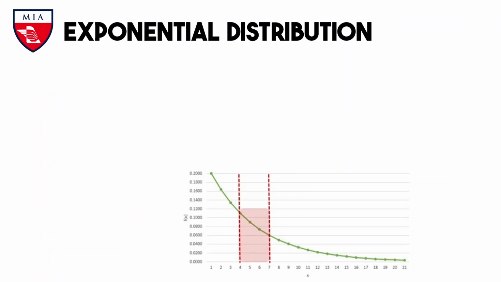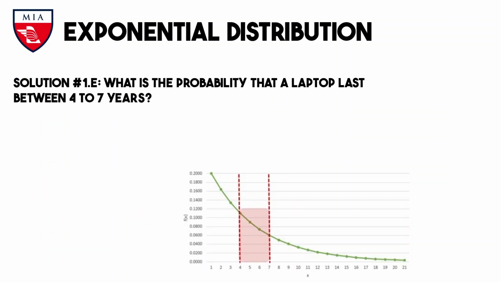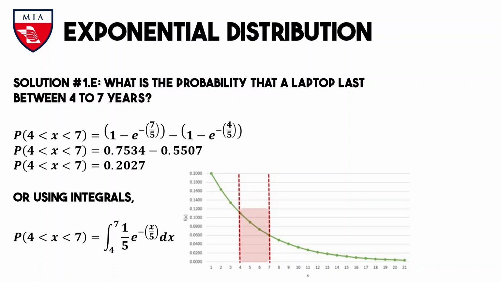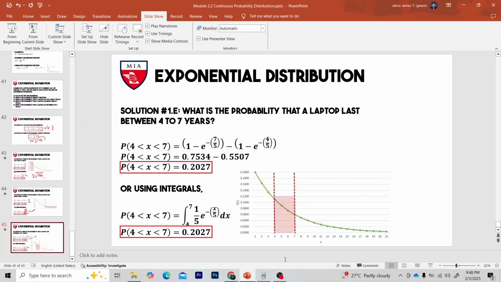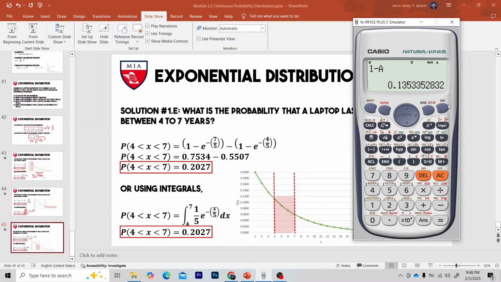For the last requirement, what is the probability that the laptop lasts between 4 to 7 years? We have this limit, so we need to integrate it. Let's use the calculator. We have the integral from 4 to 7 of 1 over 5 multiplied by e raised to negative x over 5.